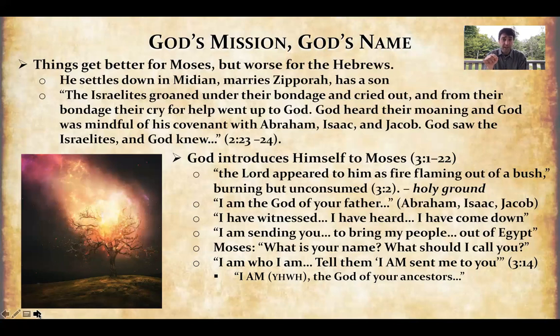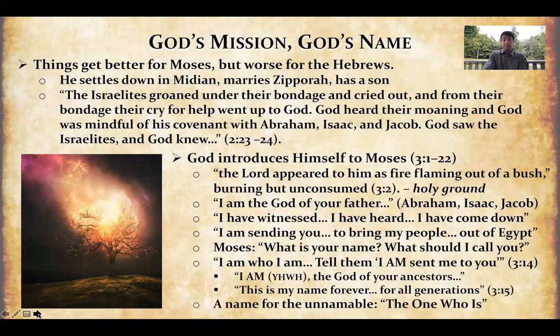But he specifies it then as saying, I'm also the God of your ancestors, the God of Abraham, the God of Isaac, and the God of Jacob. But he says that this name that I gave you, I am who I am, is my name forever, for all generations. So, in a sense, God is naming himself as that which cannot be named, the one who is.